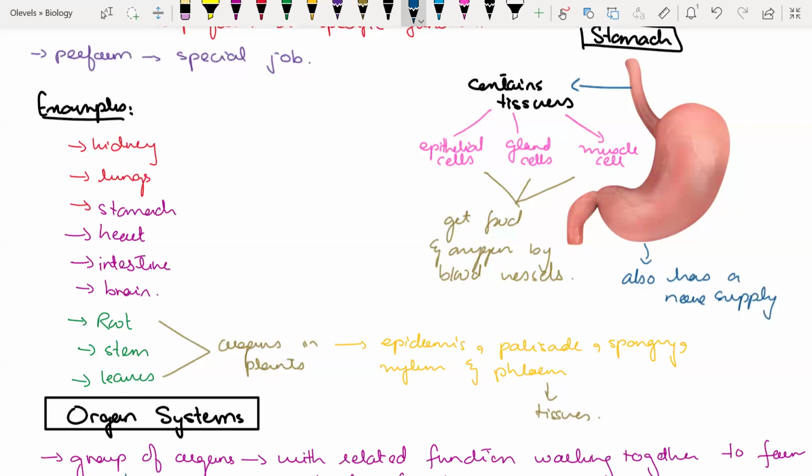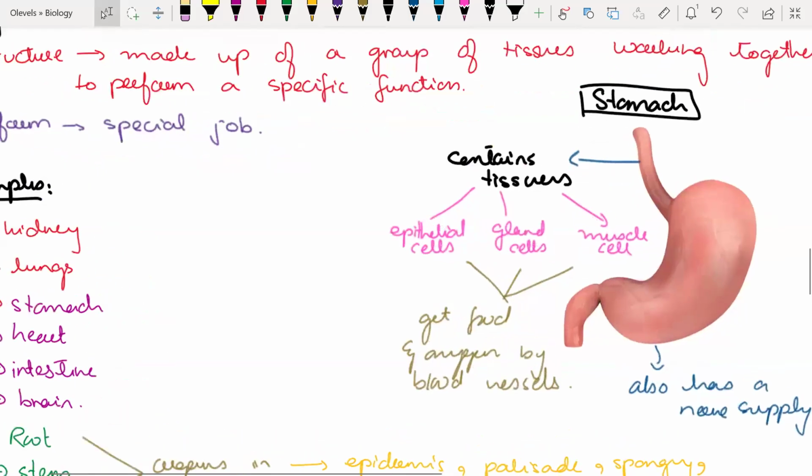And what kind of tissues are making these organs? These are the epidermis tissues, the palisade tissues, the spongy tissues, the xylem, and phloem. These are some of the tissues contributing to making these organs. Now, if we talk about the stomach, we know that the stomach also contains different kinds of tissues, right?